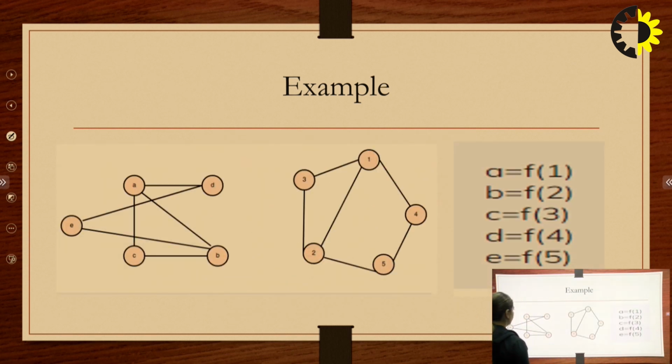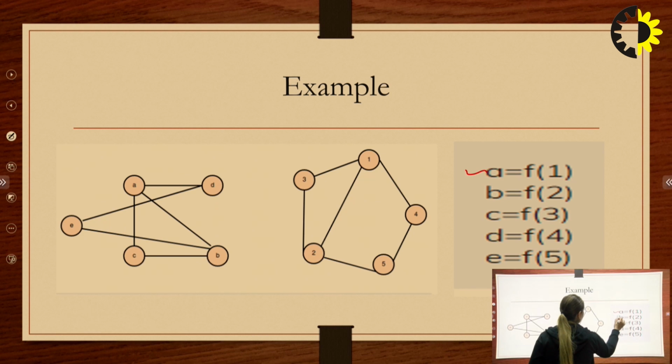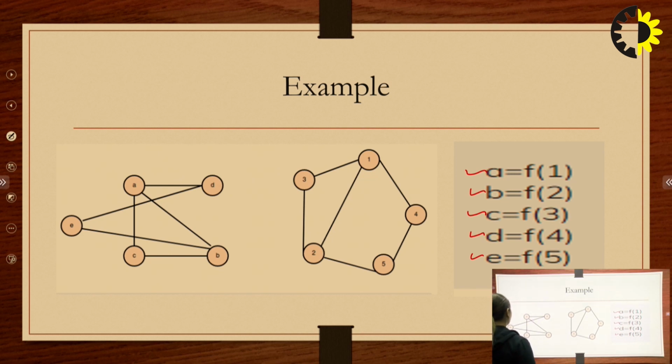Now again, for these vertices, you can check what the mapping is. A to 1, B to 2, C to 3, D to 4 and E to 5. Check it out. A is connected to D, B, C, right?